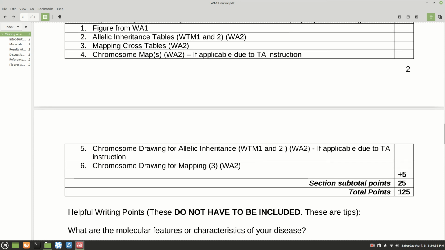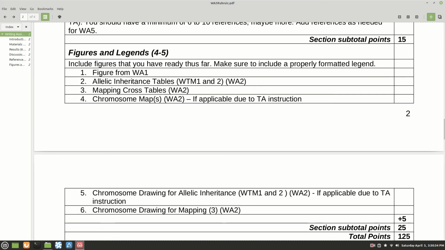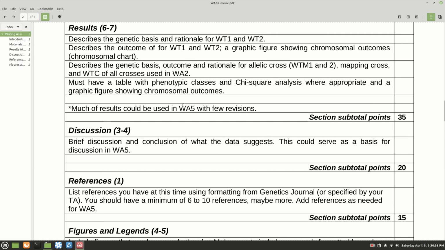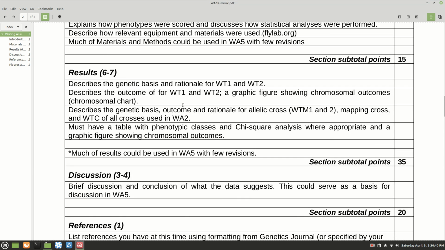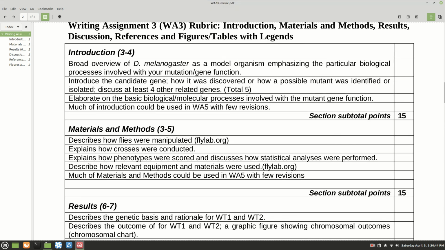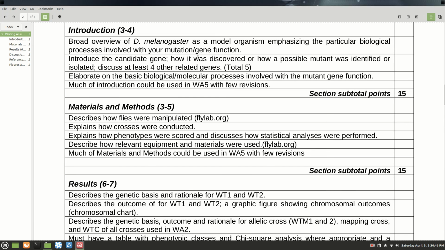Basically, you're taking WA1 and WA2, combining them, and putting them in a form where you can get ready for WA5. Most of your work here should be in expanding the introduction.